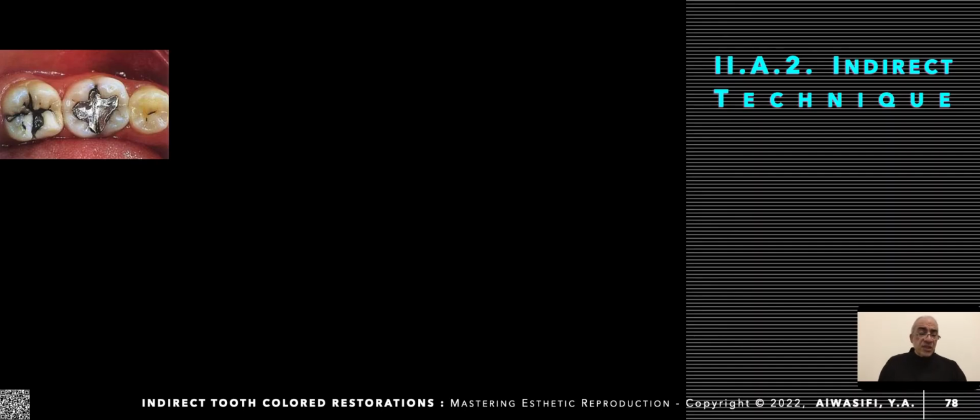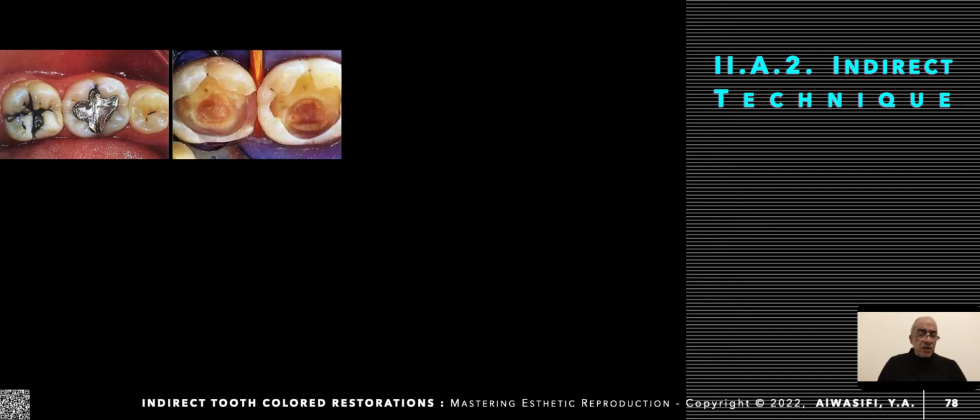Let us review this case. I think we already viewed 2 pictures or photos from it. In such a case, this is an extensive carious lesion and defective amalgam restoration, after removal of defective tooth structure and defective restoration. This was the remaining of your tooth structure.